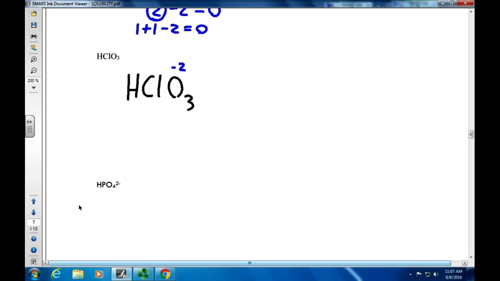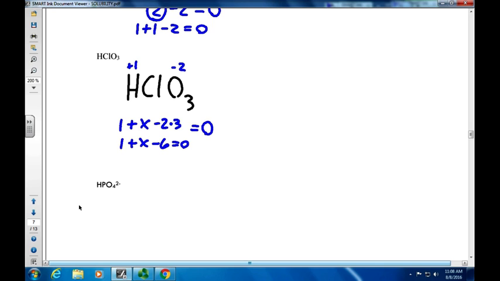So whenever hydrogen is attached to a non-metal, it has a +1 oxidation state. And we know that the total has to equal 0. So we have 1 plus some number, let's call it x, minus, or 2 times 3, because there are 3 oxygens. So that's the same as saying 1 plus x minus 6 is equal to 0.